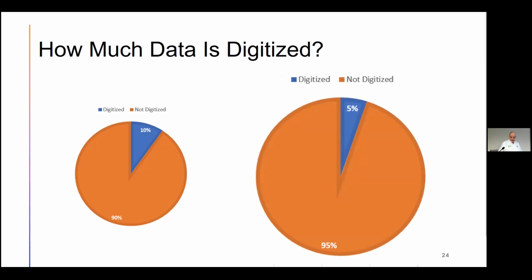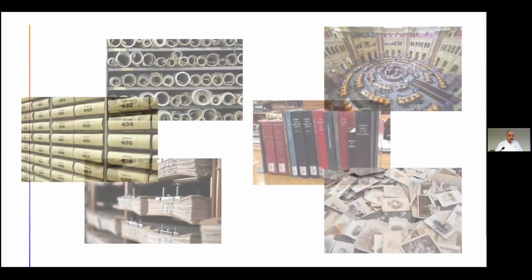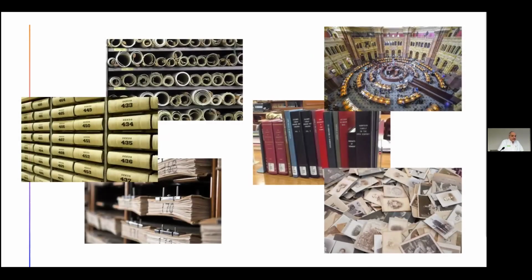The other stuff lives in places like this, where if you can go there, you go and you look. If you cannot go there, sometimes you can get somebody to help you, professional genealogists. Sometimes the librarians will help you, but it depends on where you're going.